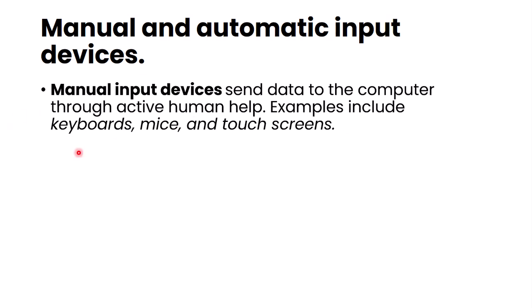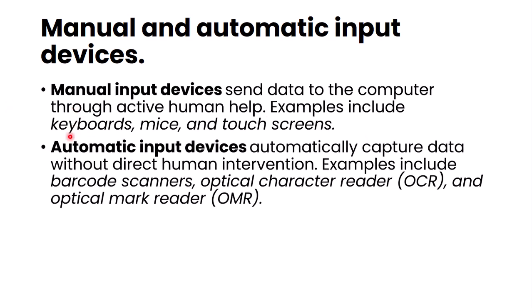So I believe you can get some examples and add to this one. But those examples that we just talked about are manual input devices. Then the automatic input devices, they automatically capture data without direct human intervention.